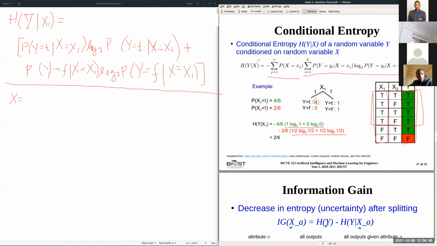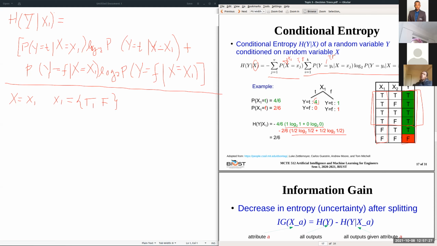This big X is X1, and your X1 can become true and also false.